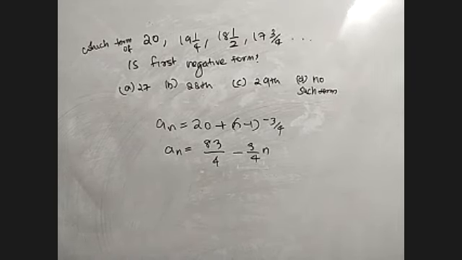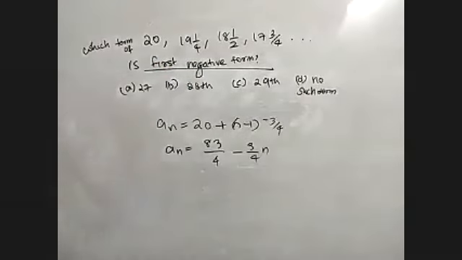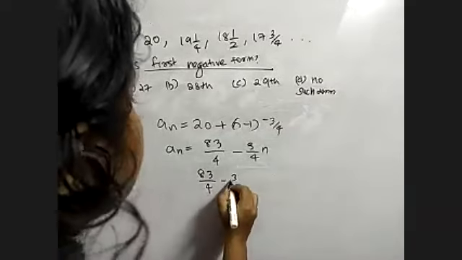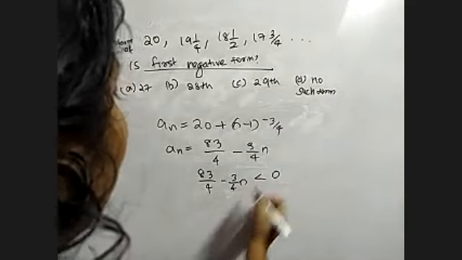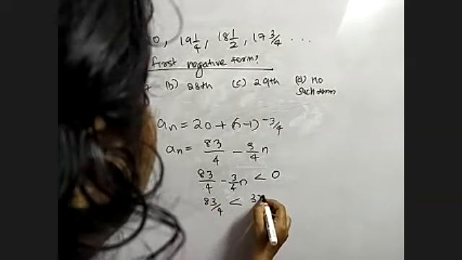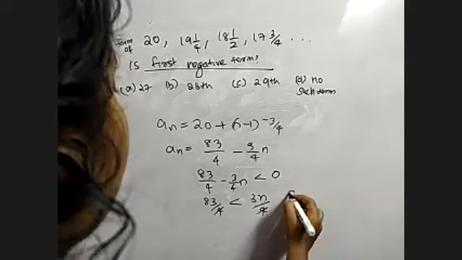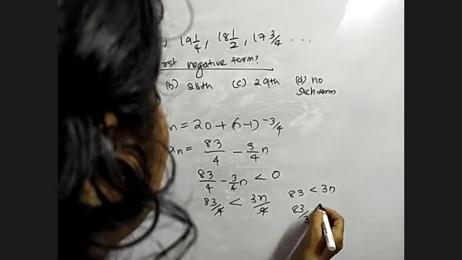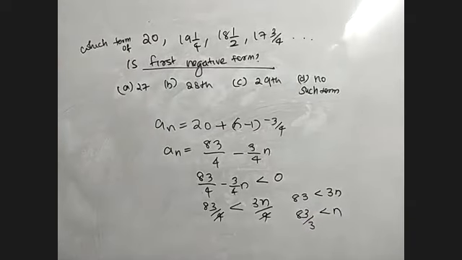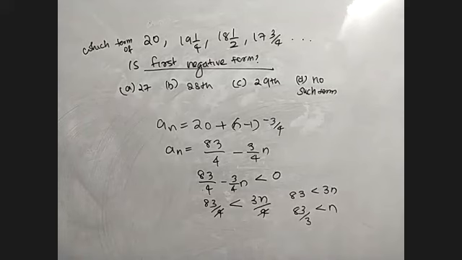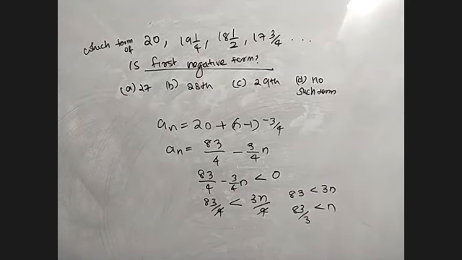Okay. Now what they are asking is the first negative term, no? So a negative term means 83 by 4 minus 3 by 4 n should be less than 0. So that is 83 by 4 less than 3n by 4. That is 83 less than 3n, so 83 by 3 less than n. What is 83 by 3?